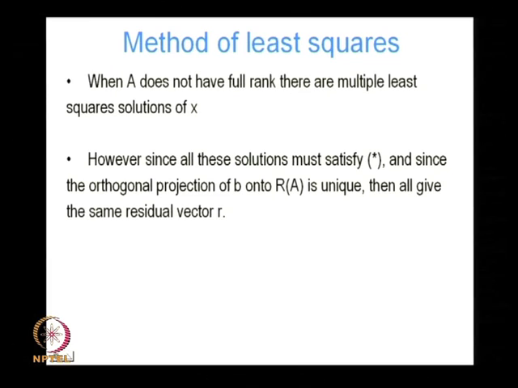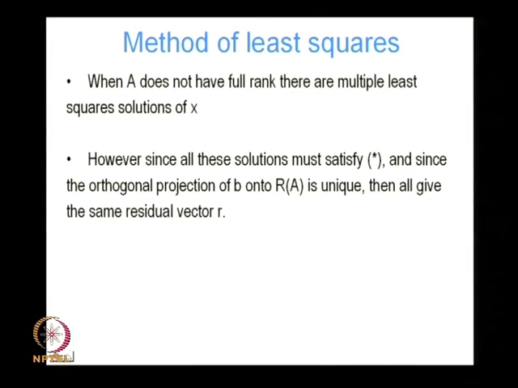However, we must keep in mind all of these solutions must satisfy the minimum residual criteria, and since the orthogonal projection of B onto R(A) is unique, they are all going to give the same residual vector R, right. What is the residual vector R? Again, it is after we take the projection of B onto the space that is spanned by A, whatever is left is the residual vector R. Since the vector B is known, the orthogonal projection of B onto R(A) is also known.